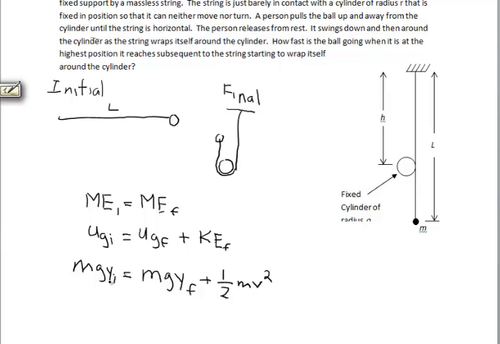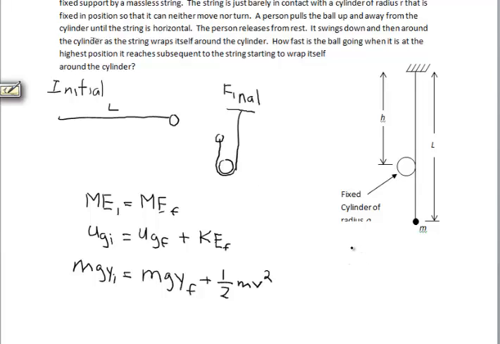So this initial y_i is L. y_f is a little tricky. When it wraps around here, we're going to need the height between here and here, which is not a problem because we can just take the difference between L and h. But then we need this additional height where it wraps up.